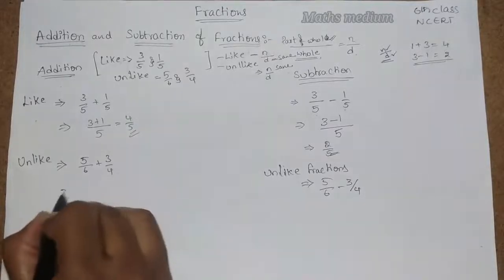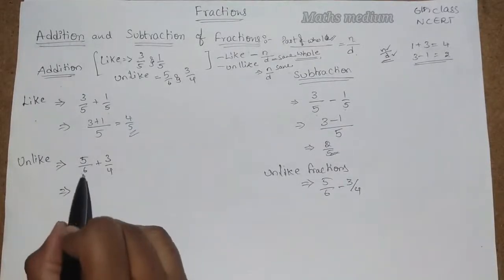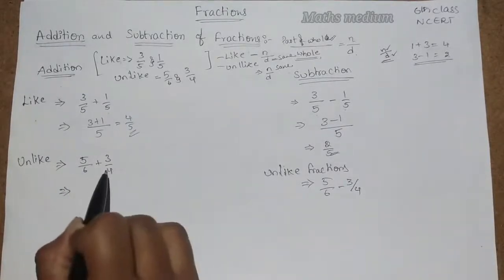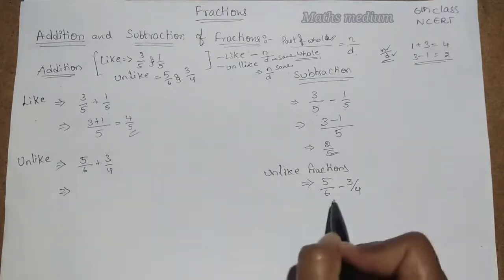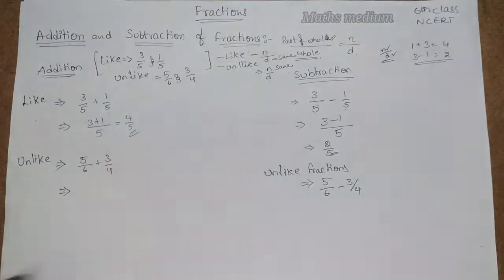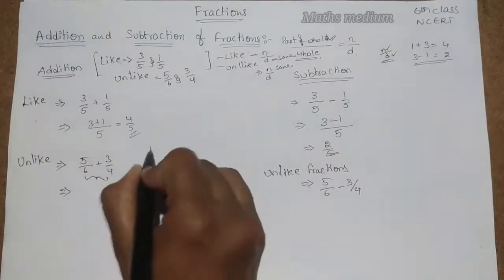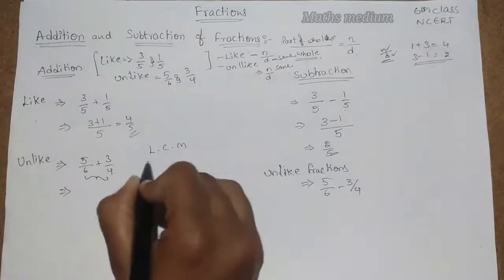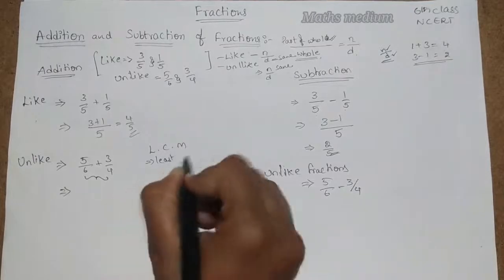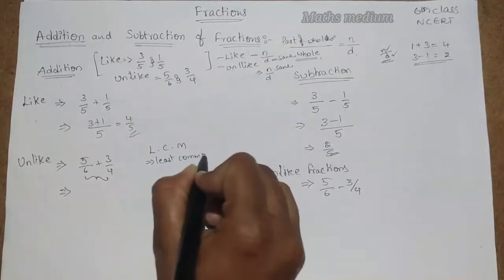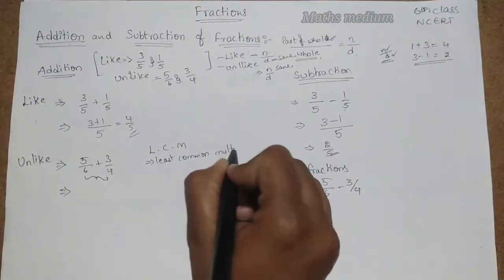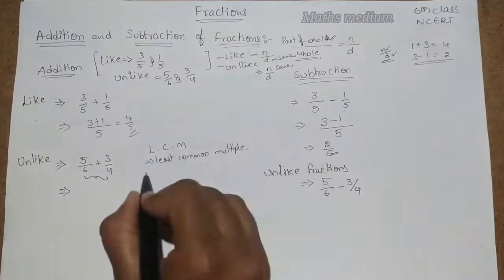See, here both denominators are different, and here also both denominators are different. How are we going to add? Here we have to take the LCM, least common multiple. I hope you are familiar with making the LCM.